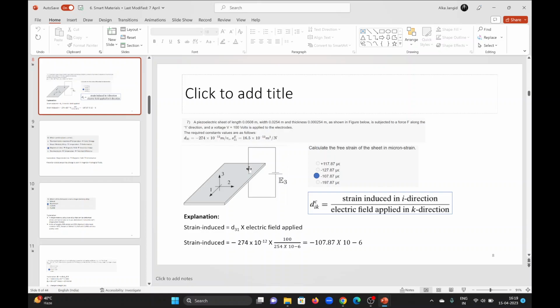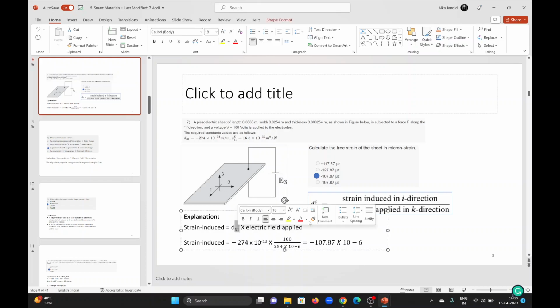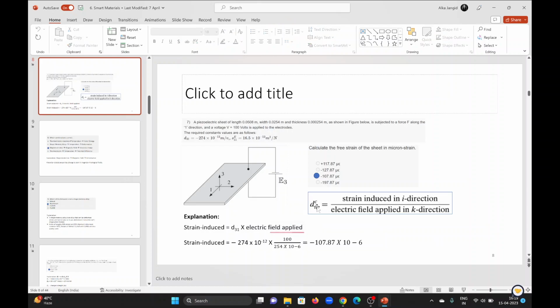Three direction is i because we are taking d31, and k is 1. So the electric field is applied along one direction. To get the strain we multiply these two: d31 multiplied with the electric field applied.